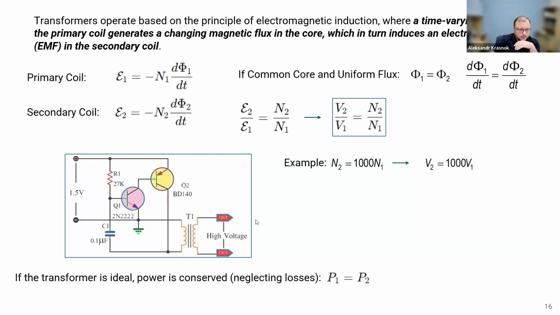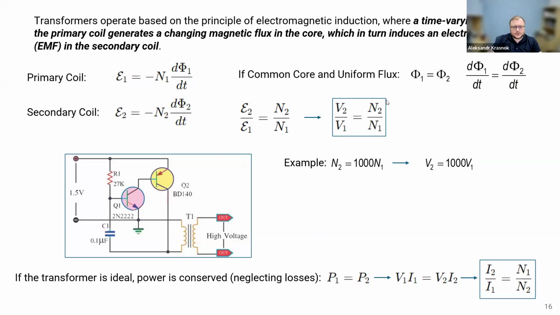And in order to exemplify this, let us state that, for example, in the ideal, in the perfect transformer, the power in the first coil must be equal to the power in the second coil, right? Which leads us to this simple formula. And finally, to this one. So the ratio of currents is kind of reversed, right?